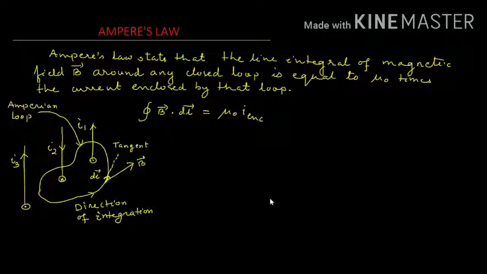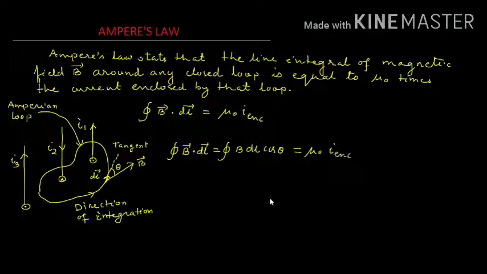Now, the net magnetic field vector B makes an angle theta with the tangent. The tangent is directed along dl. So the line integral of B dot dl is equal to the line integral of B dl cos theta, which is equal to mu0 times the current enclosed by the Amperian loop.